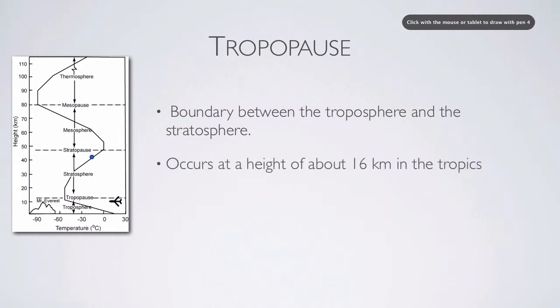And it occurs at a height of roughly 16 kilometers, at least in the tropics. In the polar regions, it's a little bit shallower and it's only 9 kilometers. So it would be roughly here in the polar regions. And that height varies seasonally. It's driven a lot by the energy dynamics, for example, of the surface of the Earth. But we're talking roughly 10 to 15 kilometers in height.